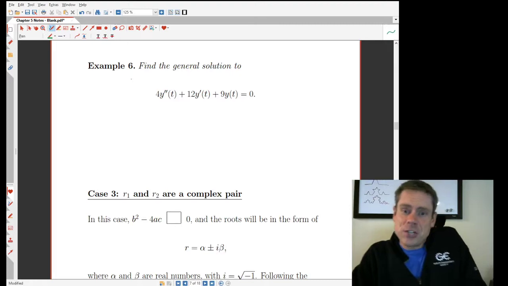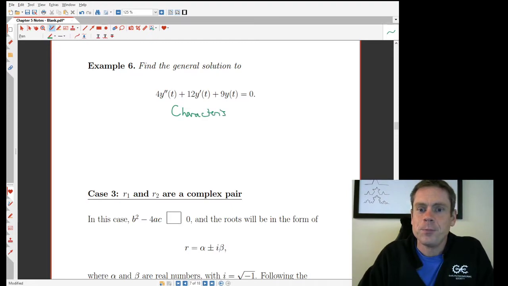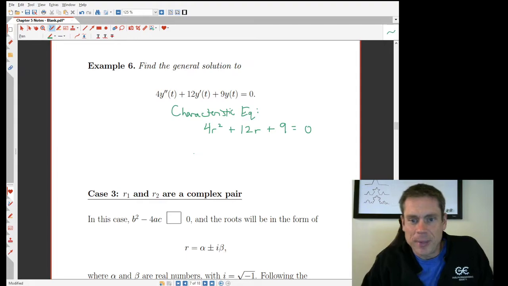So a constant coefficient, linear second order differential equation, and the characteristic equation for this one. Again, it's a polynomial in powers of r rather than derivatives of y. So it's 4r squared plus 12r plus 9 equals 0. And you might stare at this for a little bit and notice that it's a perfect square.